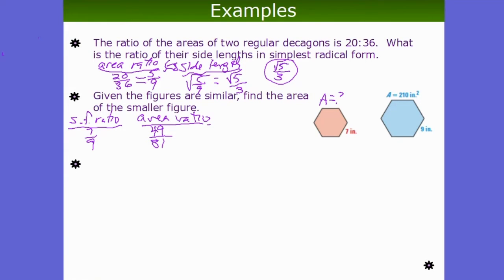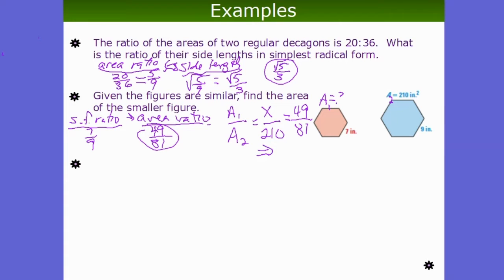If I want to find, let's say this one's area 1 and that one's area 2, the first one I don't know, and the second one is 210. Since I'm working with areas, it should be 49 over 81. And so now I'm going to solve that proportion.